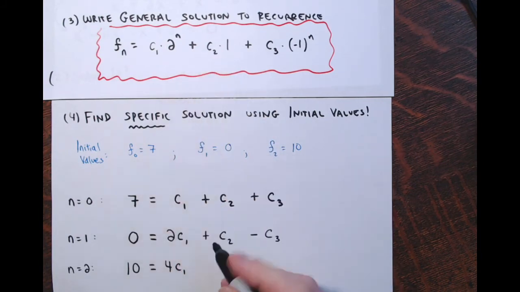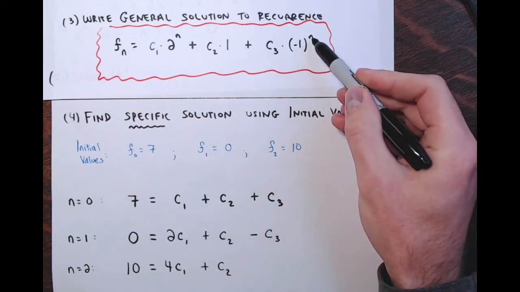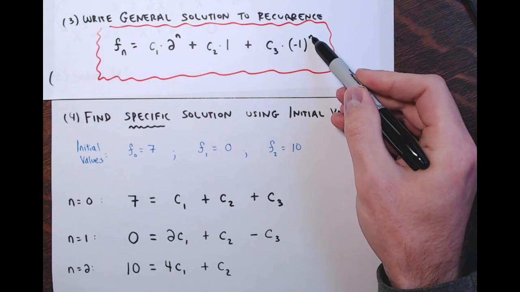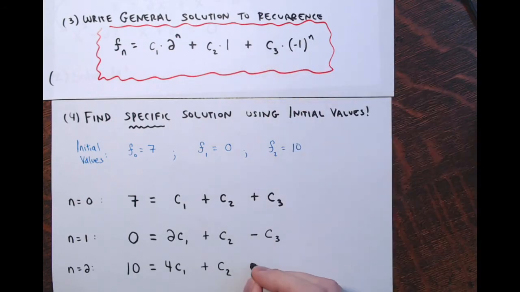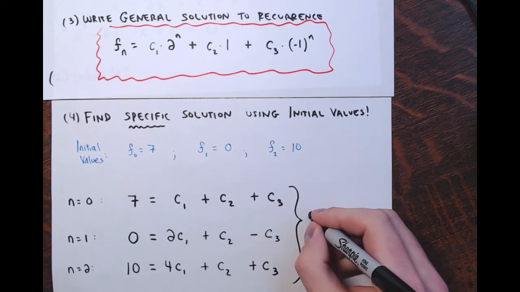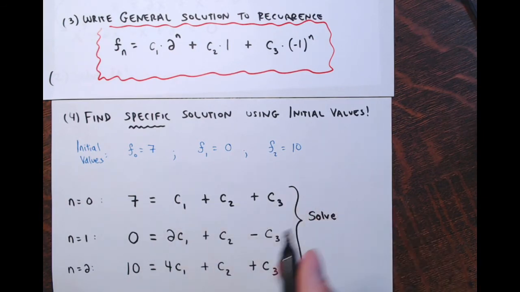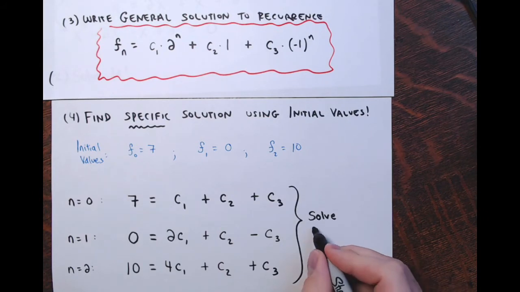And then plus C2 each time. And negative 1 to the second is positive 1, so plus C3. And then you solve this system for C1, C2, and C3, and you'll have your specific solution.